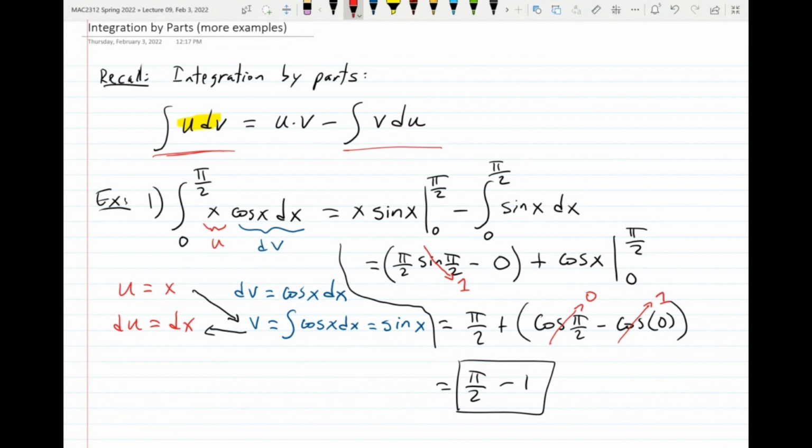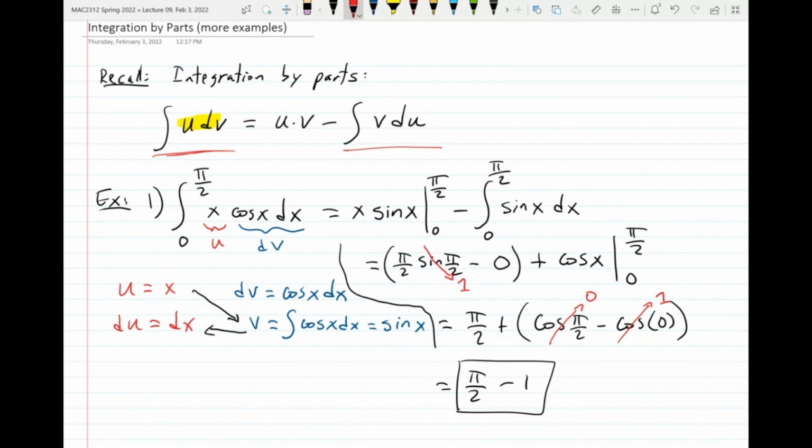So when you put in your formula and integrate v du, you're going to be integrating x squared over 2 times the sine function, or negative sine in this case. That integral is more complicated than the original one because instead of x, you have an x squared. So you see that the degree went up, and that's not good.